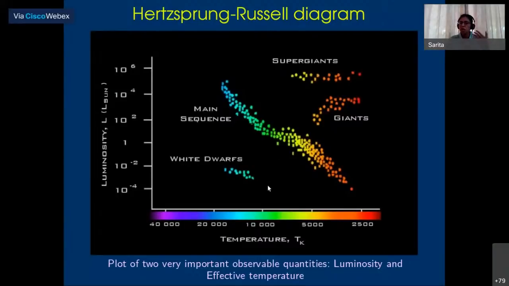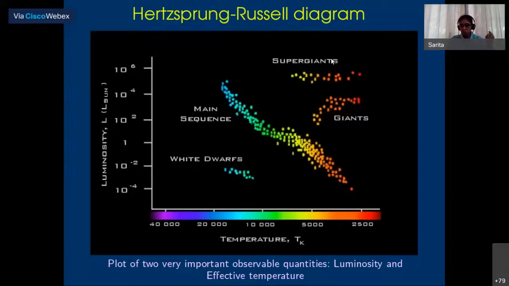This is related to the energy generation and the physics of energy transfer within the stars, because ultimately the energy that we are seeing and the surface temperature is related to how energy is being transferred from the interior to the surface. So you see, we have already grouped stars into different categories. Main sequence stars are those which are fusing hydrogen to helium in the cores.